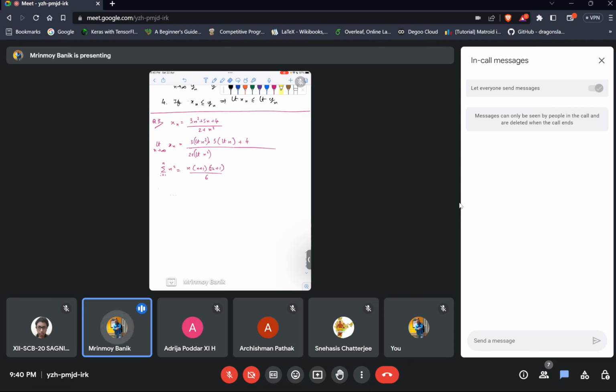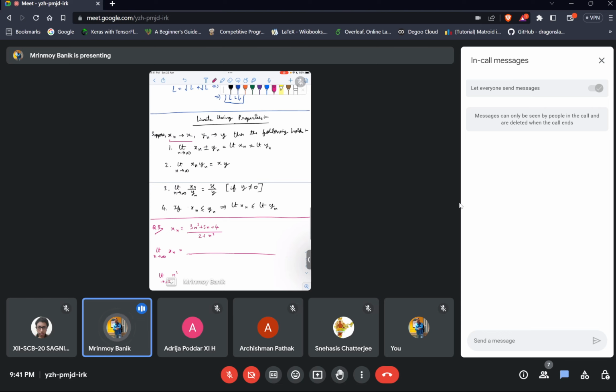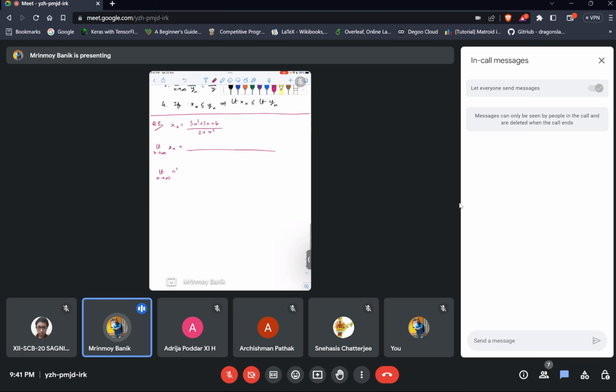To find the limit of n squared, first we can't do this, sorry. So you see the properties only hold when xn actually converges to x and yn actually converges to y. But here n squared doesn't converge to anything, it's divergent, so is n. We can't distribute the limit as of now.